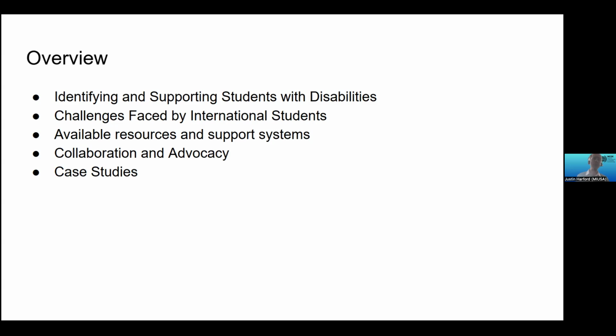Then we'll talk about some of the unique challenges and characteristics of international students. We'll talk about available resources and solutions, as well as collaboration and advocacy. And we will have case studies interspersed throughout that discussion.